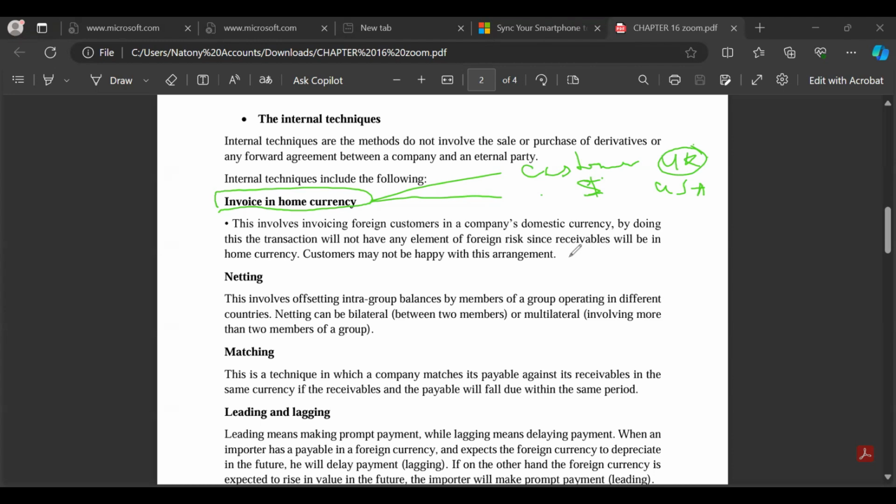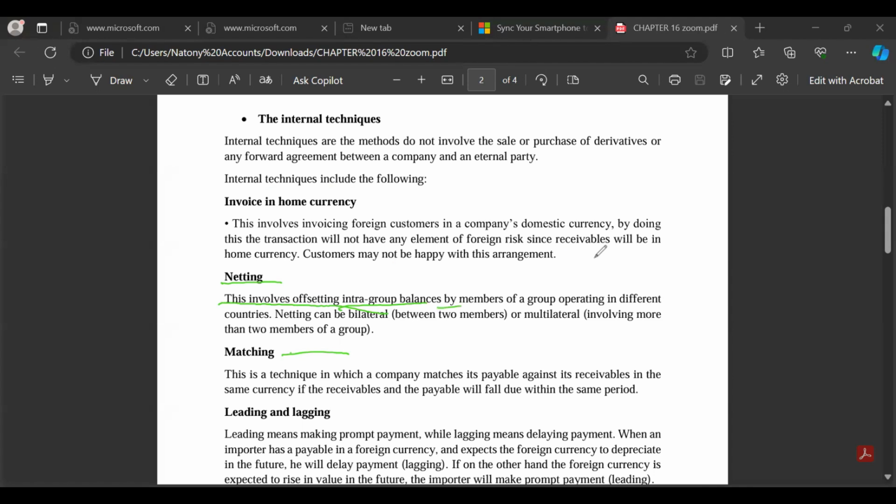The second way is by netting. So the first is invoicing in your own currency. Okay, netting. Netting has to do with companies in a group. It has to do with the settling of intra-group balances.